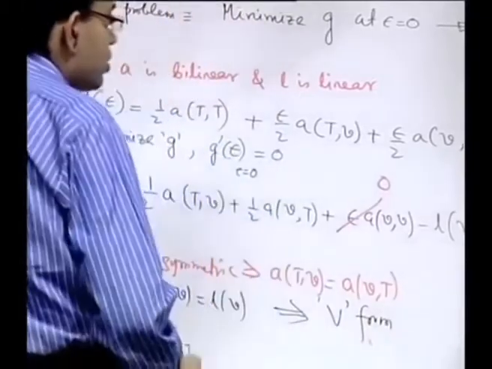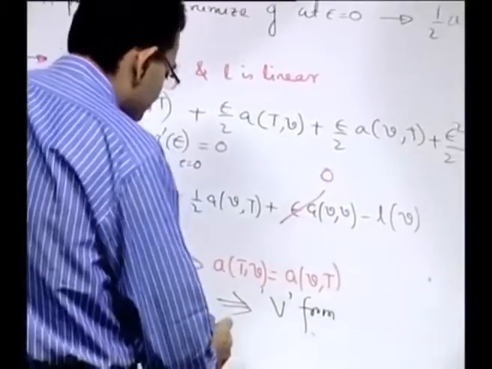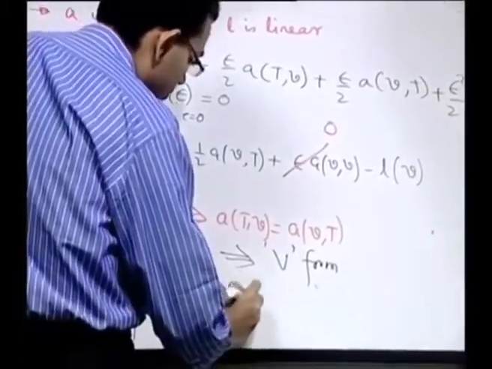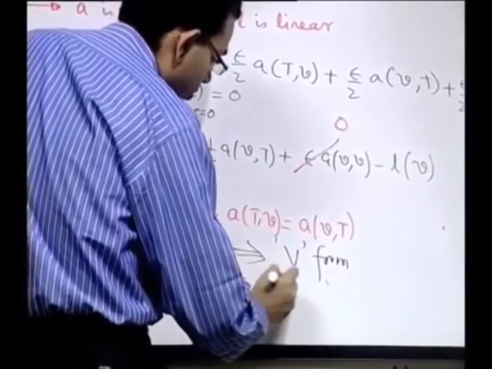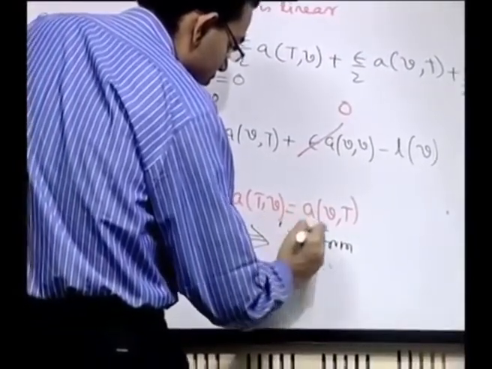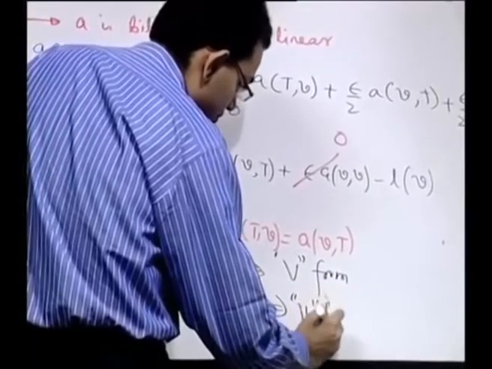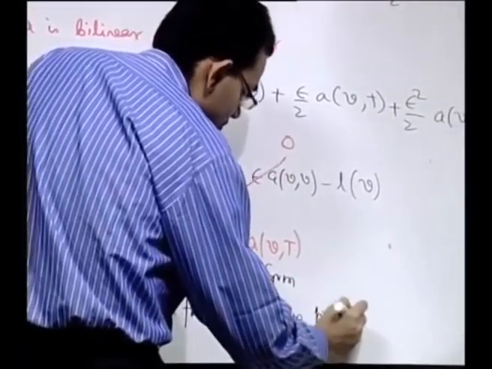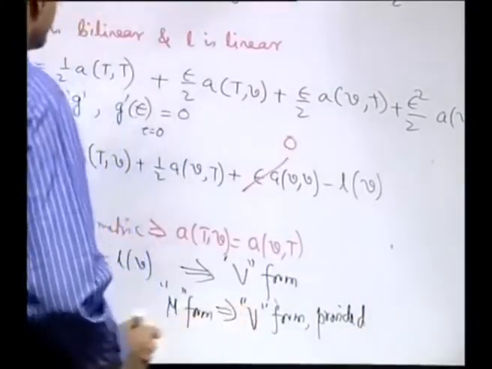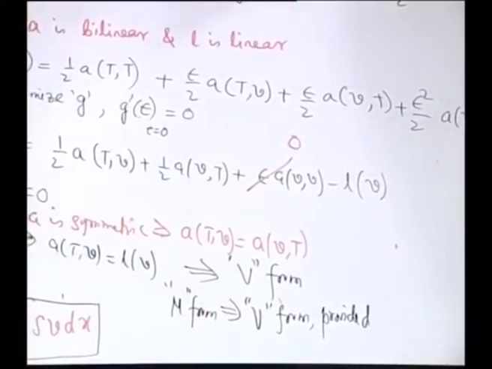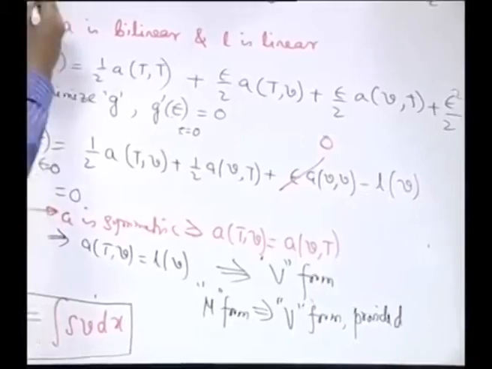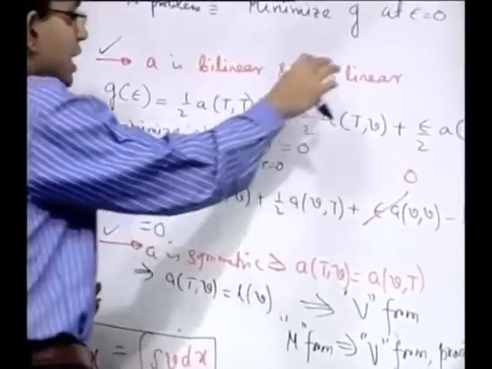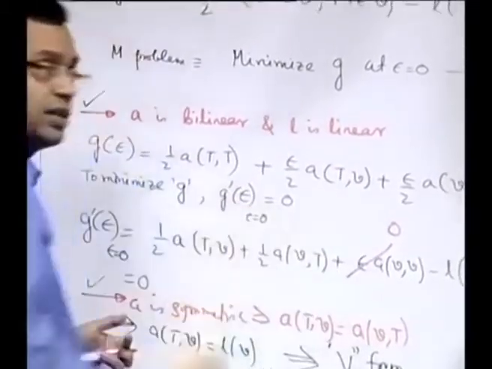So what is our conclusion? Conclusion is M form will imply V form provided A is bilinear, L is linear and A is symmetric.